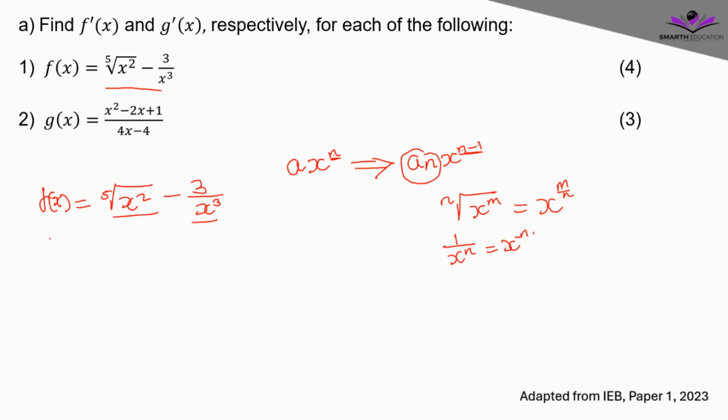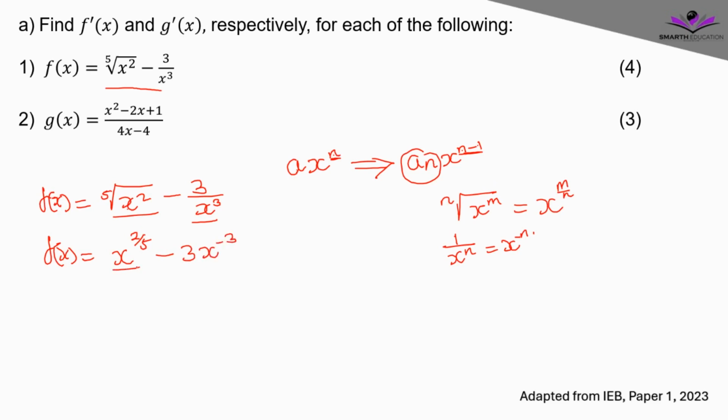So we can rewrite this. We haven't derived yet, we're just rewriting. This is x to the power 2 over 5, then minus 3 times x to the power negative 3.